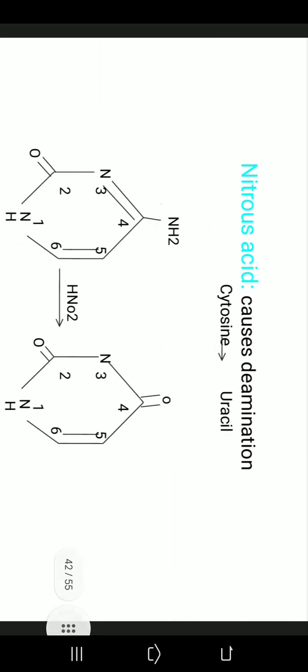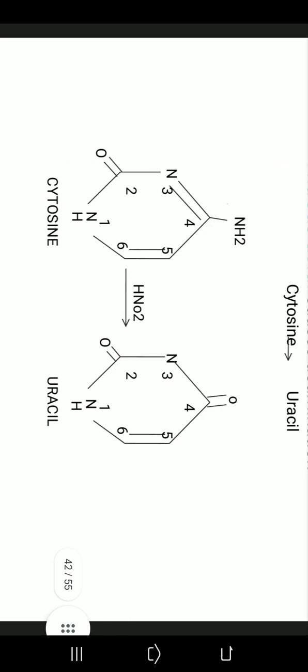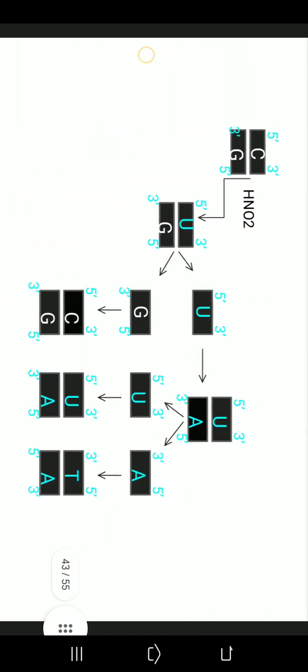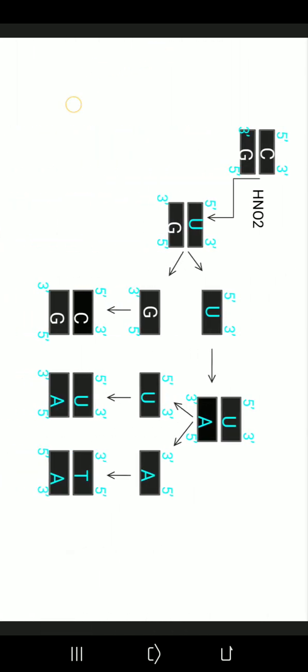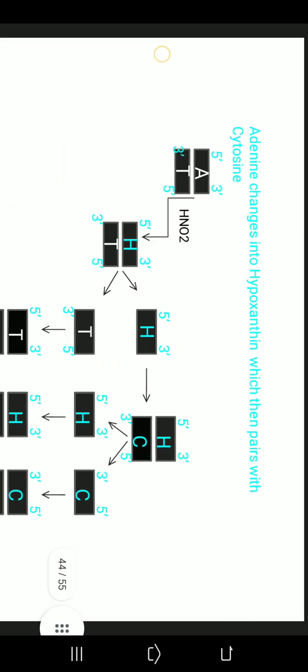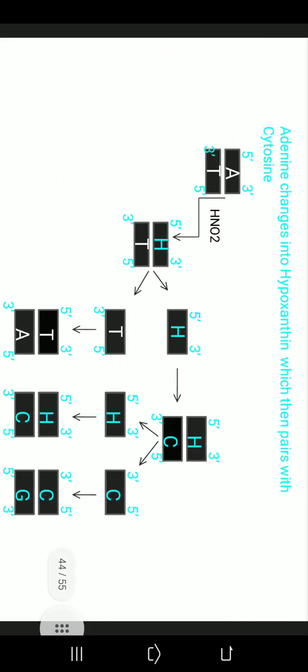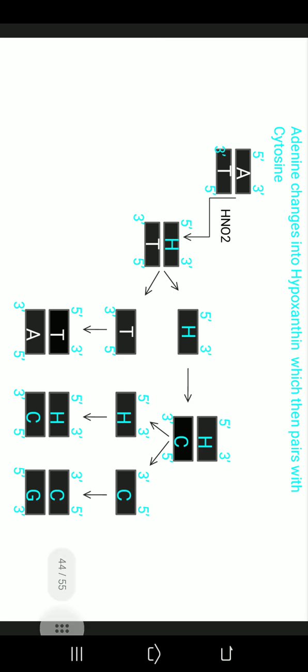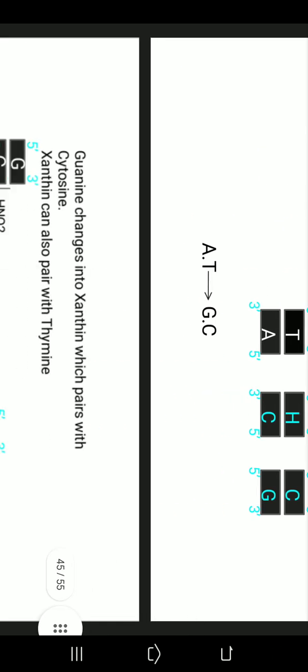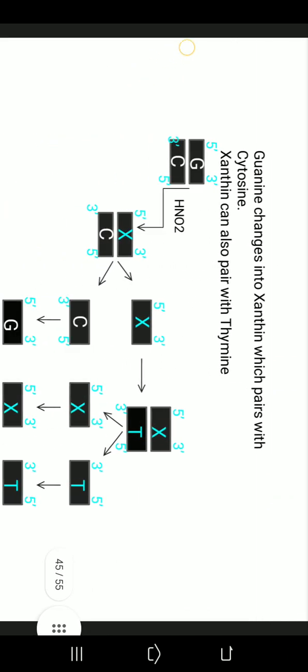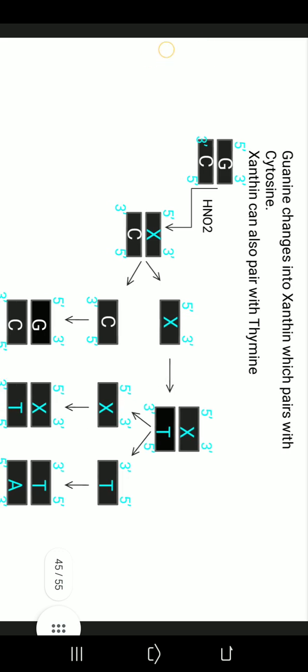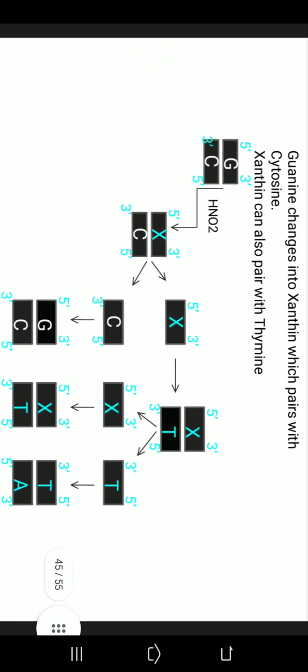Nitrous acid causes deamination, like cytosine becoming uracil. As you see in this graph, adenine changes into hypoxanthine, which then pairs with cytosine. The overall graph is in your view. Guanine changes into xanthine, which pairs with cytosine. Xanthine can also pair with thymine.